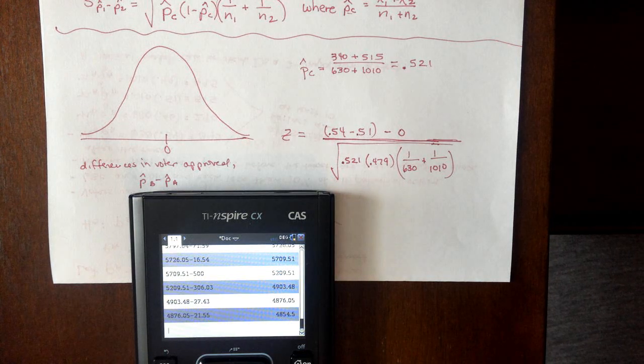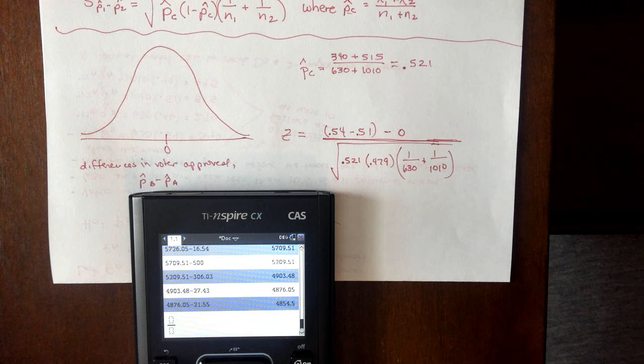Okay, so control divide, open parentheses 0.54 minus 0.51, or you could just put a 0.03 in there. Just watch your decimal places. Minus 0 doesn't matter. I'm not going to bother with that.